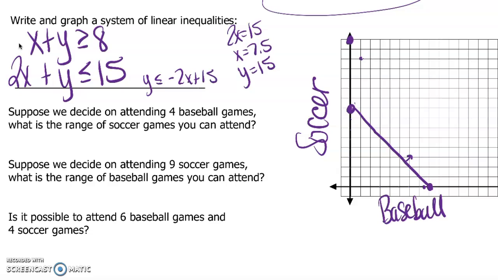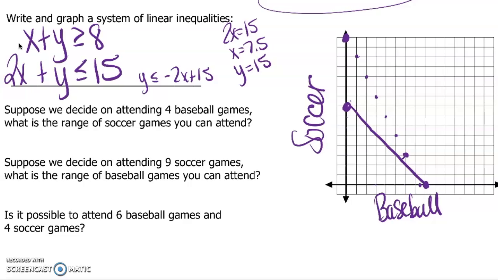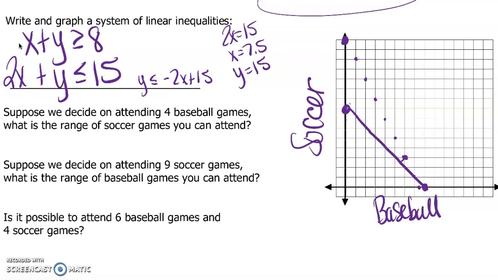So if you want to do that, you would go down 2 and right 1. So we connect those. That's a less than, so we're looking in this section right here.